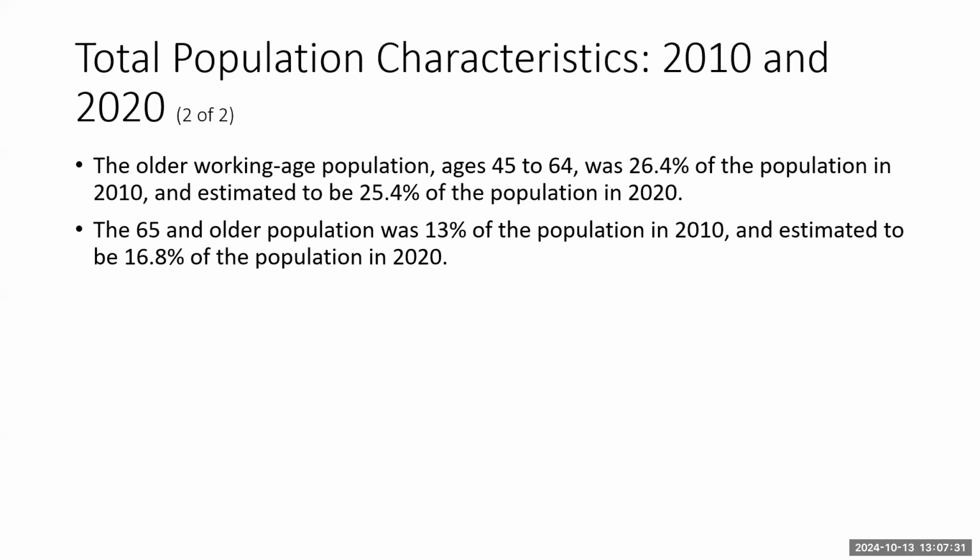Again, another slide that talks about how we're getting older. The 65 and older population was 13% of the population in 2010, and in 2020 is 16.8% of the population. So significantly more people are getting older. Different needs are in society, right? So you have particular needs.